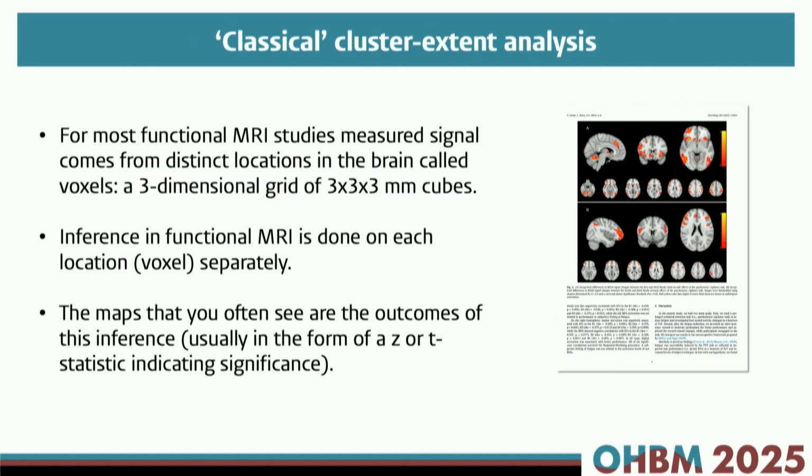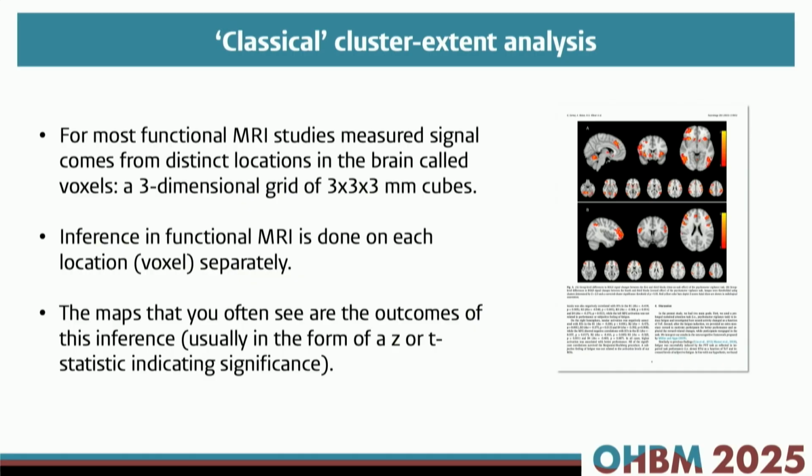So what we usually do is we have this measured signal in the brain, in the voxels, that you might all be familiar with, I guess. And we do this inference on each voxel separately, right? As opposed to using a very fancy spatial model, we take this individual voxel, we have the time series, we have our model of when the stimuli were given, convolved with the hemodynamic response function, and we get an estimate for every different location in the brain.